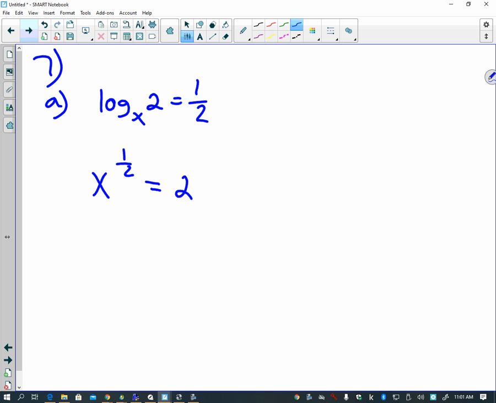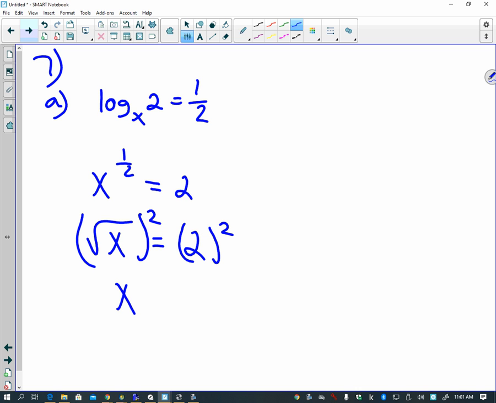Anytime I'm taking something to the 1/2, it is the same as the square root of that thing. So the square root of x equals 2. How do I get rid of a square root? Square both sides. That cancels out the square root, and we get x equals 4.